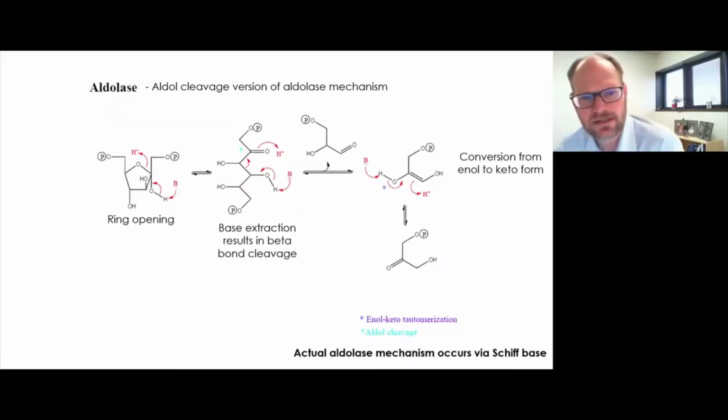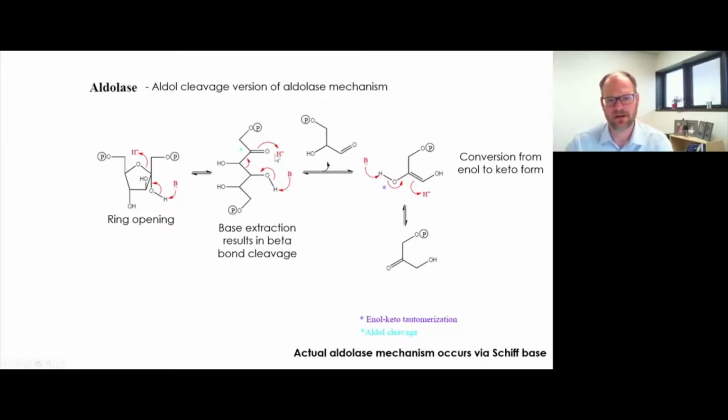Now, aldolase is ultimately the reaction that allows you to get these symmetric molecules, and it's going to progress via a very similar mechanism to the one we saw a moment ago with the ring opening reaction. This happens with the base abstracting the proton off the hydroxyl, just like we saw a moment ago, forming this ketyl form.